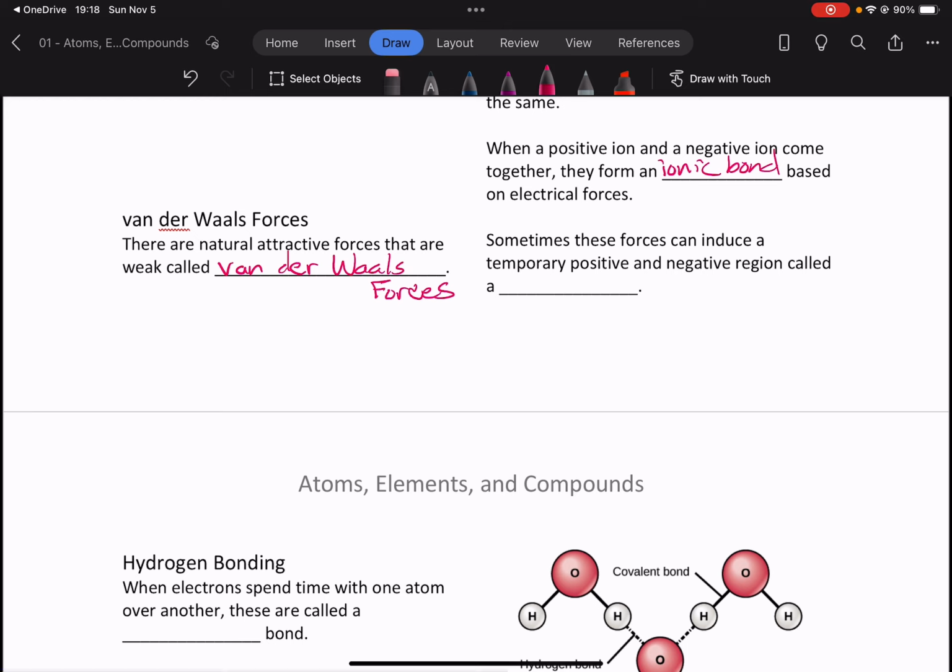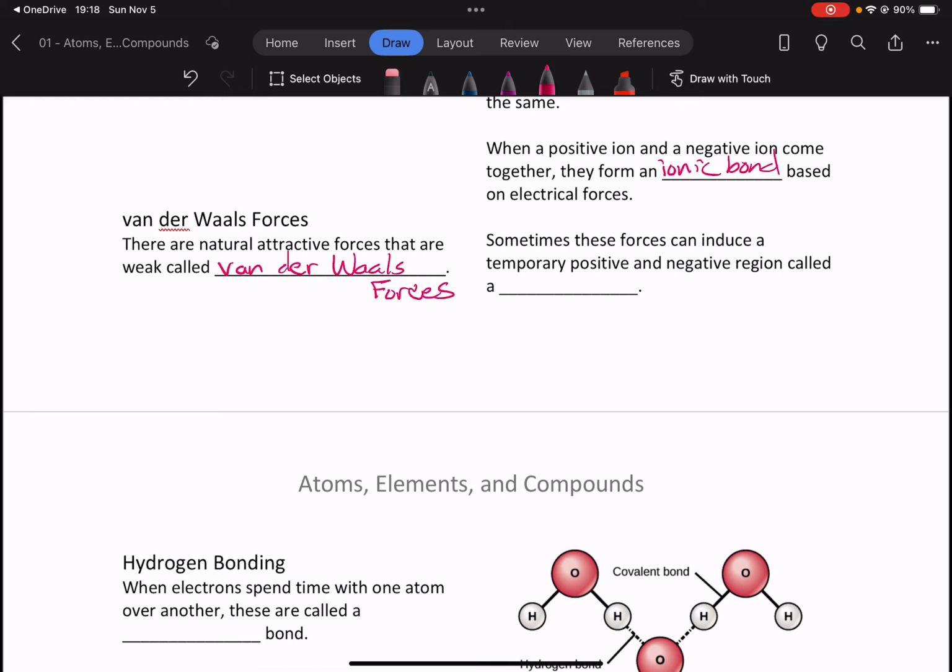Sometimes you've got regions that are a little more positive, and others that are a little more attractive to the electrons. For example, when you have a hydrogen that's got one electron, it's okay to be by itself as a proton and let the oxygen kind of use the electron.